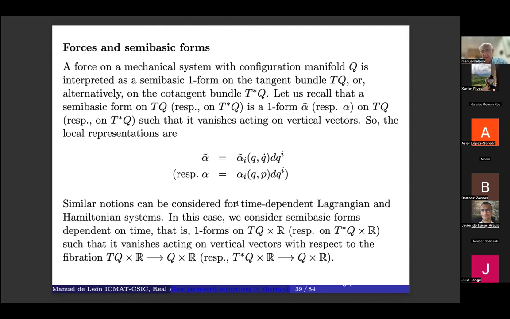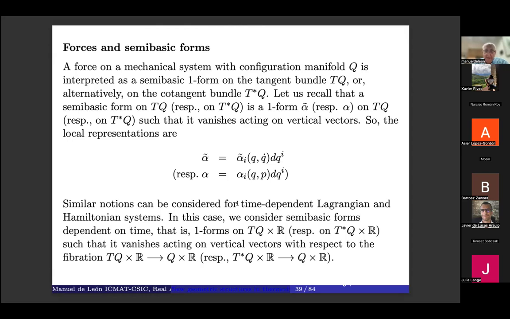In the cotangent bundle, it depends on q and p, and of course we can also consider semi-basic forms depending on time, or depending on the parameter s, which in our case will be the entropy.